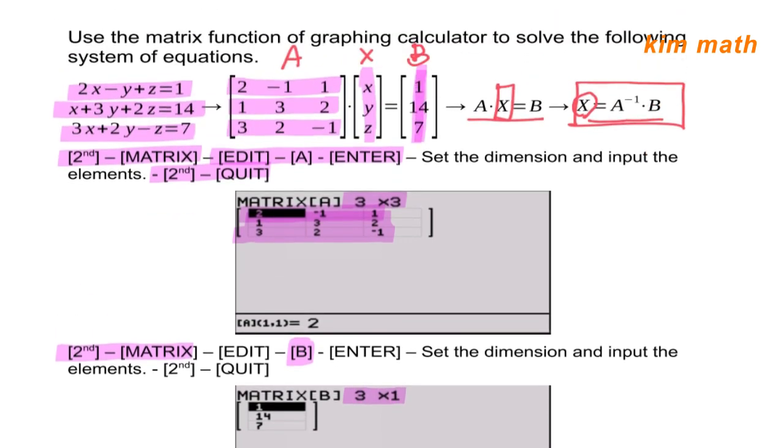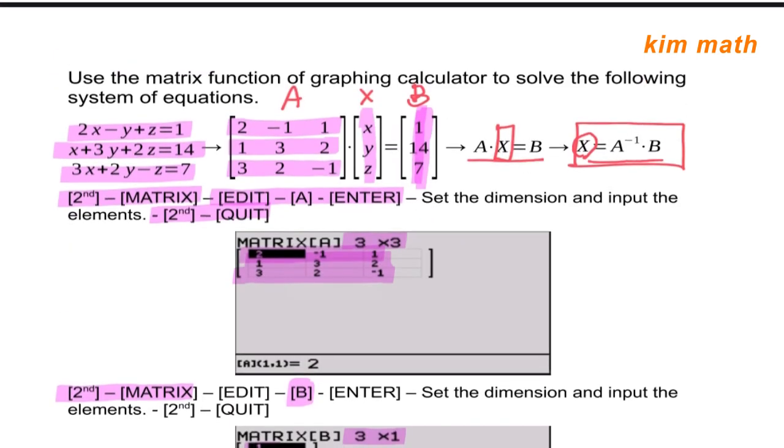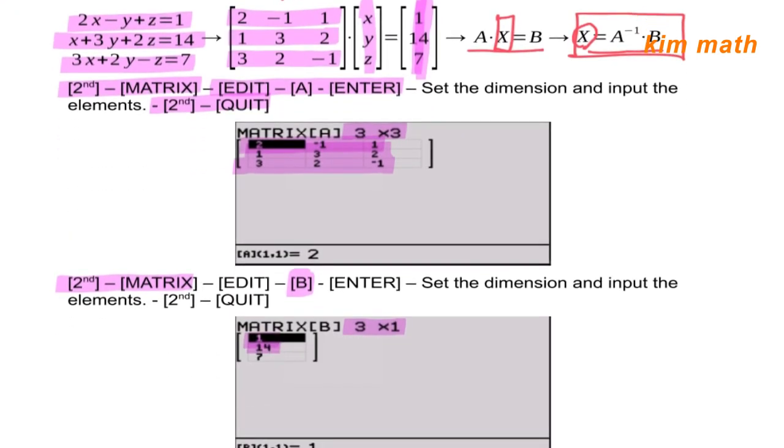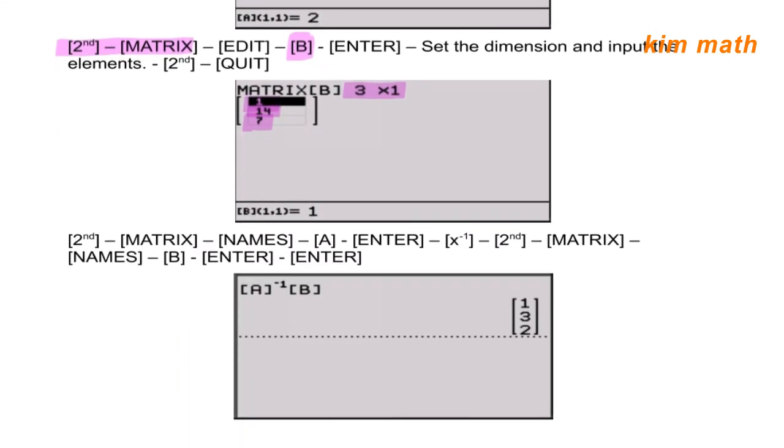Yes, this is 3 by 1. And the 3 elements 1, 14, and what is that? 7, right? If you successfully input your matrices, now it's just hit some keys, then you can see the answer.